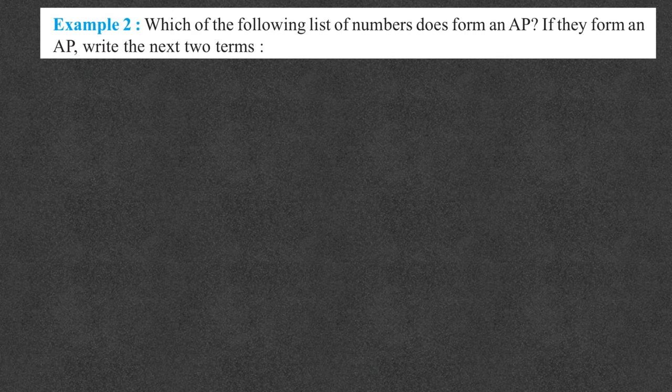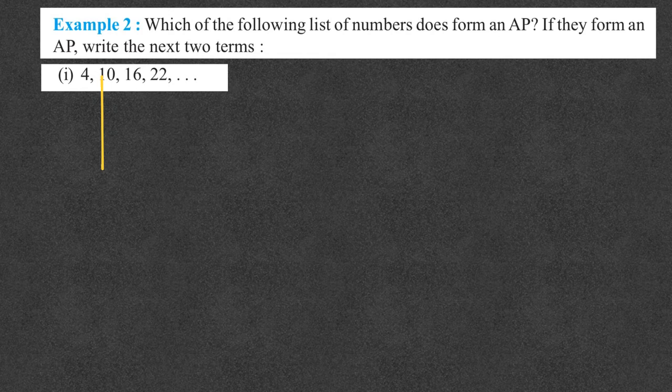Which of the following lists of numbers does form an arithmetic progression? If they form an arithmetic progression, write the next two terms. So, let's look at this. 4, 10, 16, 22. Does this form an arithmetic progression?